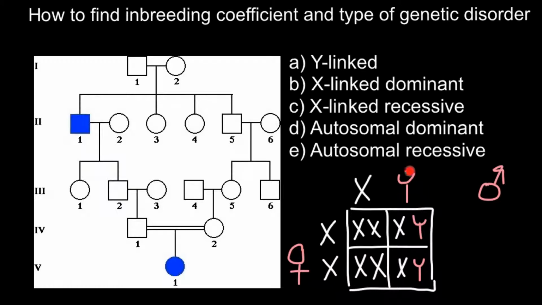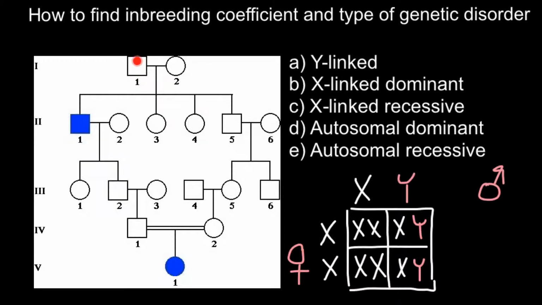So as you see, if the father is affected, all his sons also would be affected. So let's now analyze our pedigree. Do we see this pattern? If this were a Y-linked genetic disorder, the father of this person also would be affected.